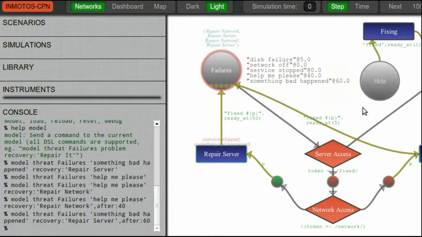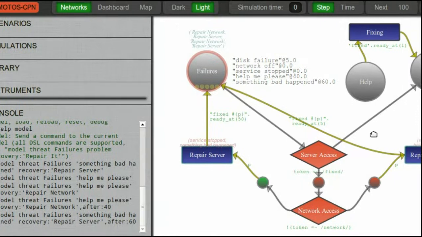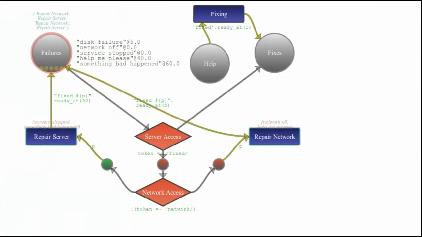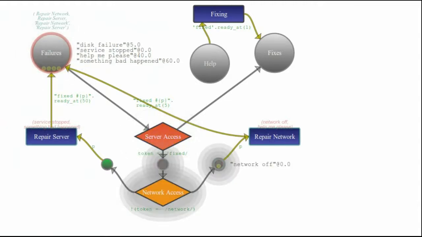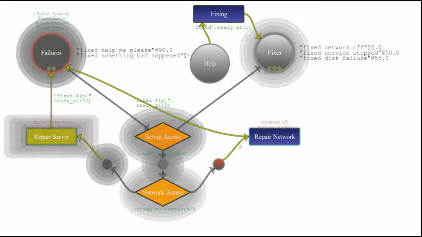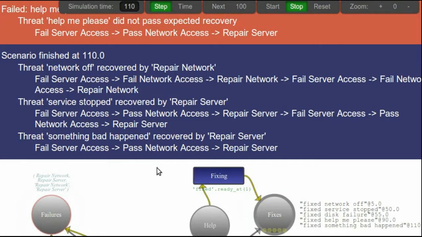So we could in fact run this. Let's step through it. One, so we see these things are going ahead. Up, and it's finished. Help me please did not pass expected recovery. It went to repair server, and we said it should go to repair network.